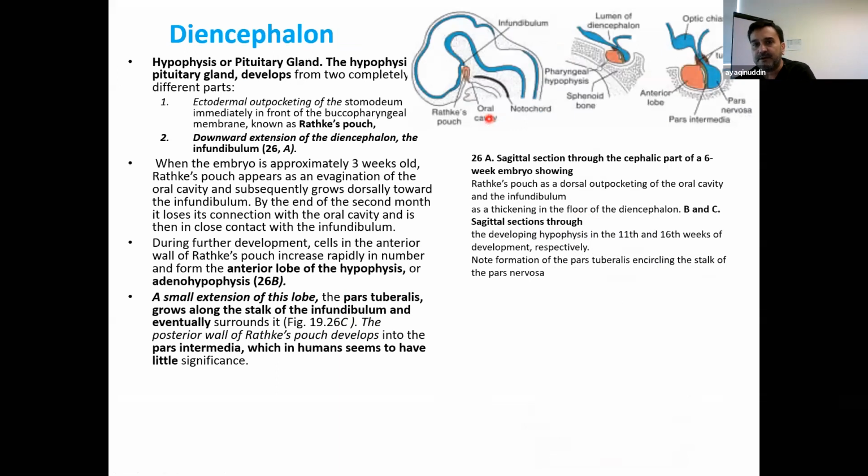We have already talked about the development of pituitary, both Rathke's pouch, which is the ectoderm around the stomodeum, and infundibulum, which is the projection from the floor of the hypothalamus. Rathke's pouch is going to give rise to the anterior pituitary, while the diverticulum from the floor of the hypothalamus is going to give rise to the posterior pituitary.